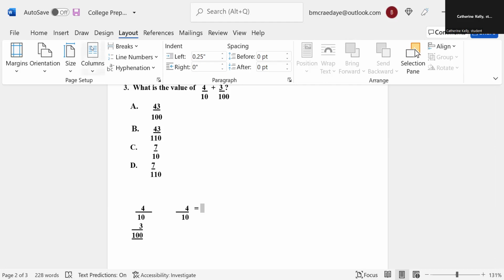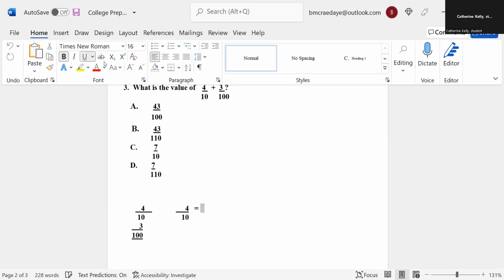I'll just put an N here. You tell me what N is, okay? And underneath here, I want to put 100. You tell me what number is N.